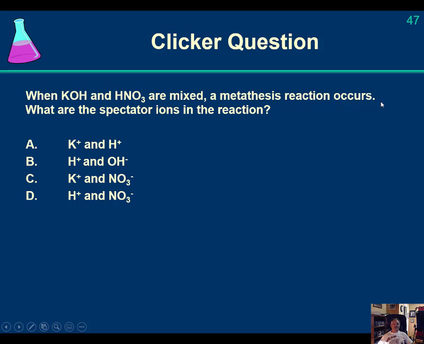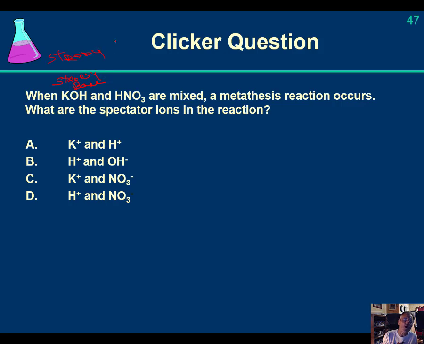All right. So when potassium hydroxide and nitric acid are mixed, a metathesis reaction occurs. What are the spectator ions in this reaction? Well, you might already know, but we're going to go ahead and work the whole problem. Now, you should recognize potassium hydroxide as a strong base. And if it's a strong base, guys, it's a strong electrolyte.